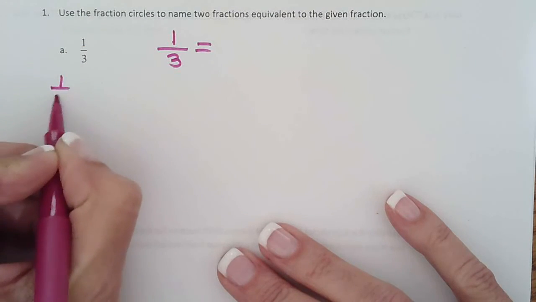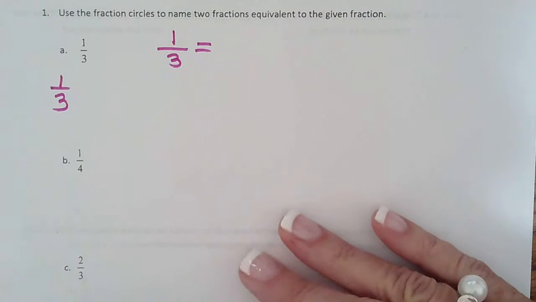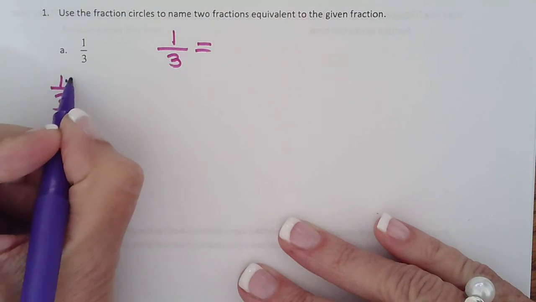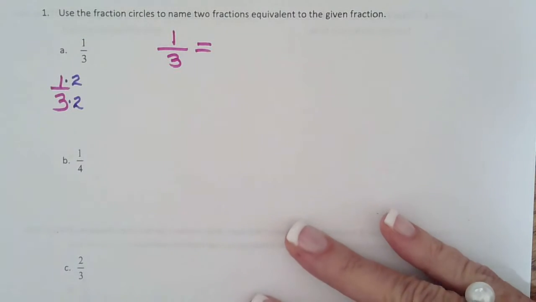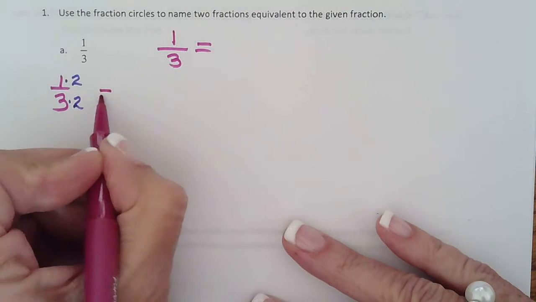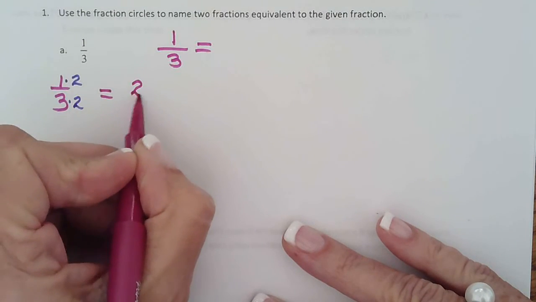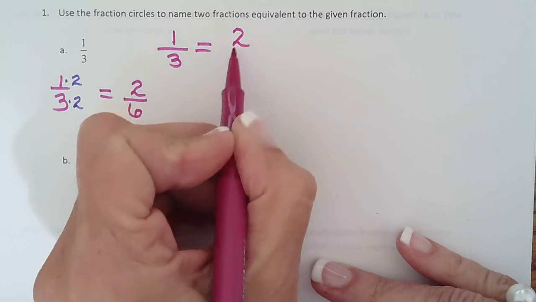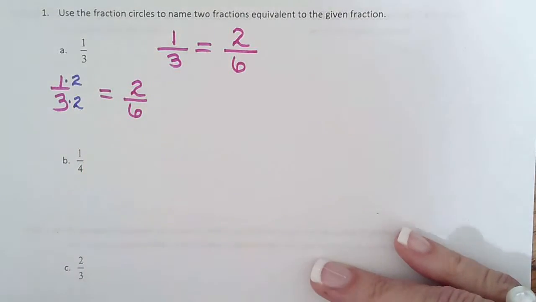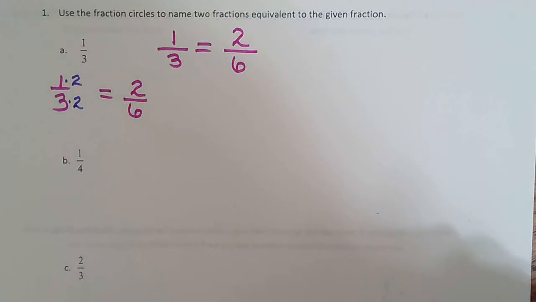What if we took 1/3 down here and multiplied each by 2/2? So what would our new fraction be? 1 times 2, 2. 3 times 2, 6. So there's another equivalent fraction. And if you typed them in, I have a calculator here. I know you don't have calculators yet.